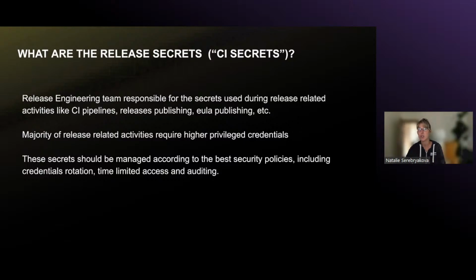And in certain cases, these secrets are related to higher activities, right? From the previous slide, I had a production example where production secrets probably have more access to things, and all the secrets should be managed accordingly, hopefully with security policies in mind, with certain rotation, with certain limited accesses, and auditing.